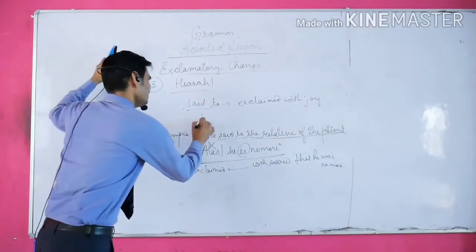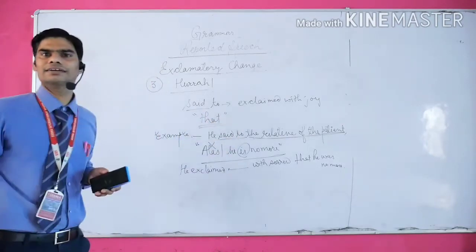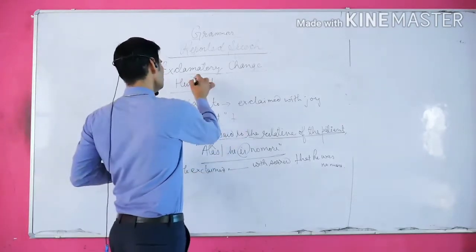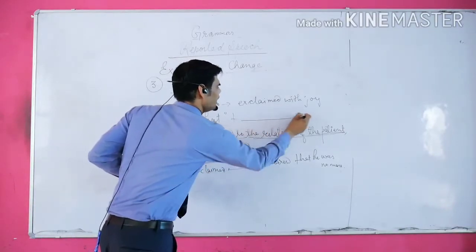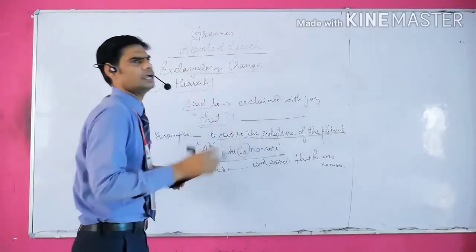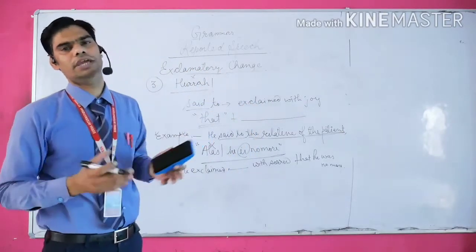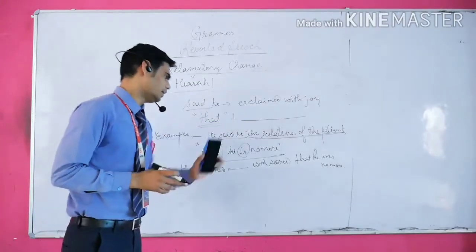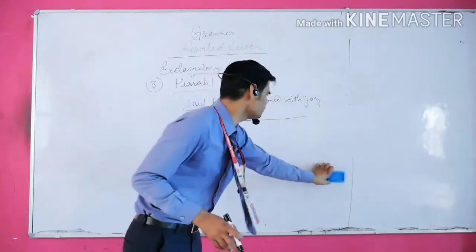And now the connective word, as we have talked about in all exclamatory sentences, is "that." Now we will remove this word, and all the other words we will write down here. We will change the pronoun, change the tense, and make all other changes, time and distance related and many others. We will make you understand by giving you some examples.